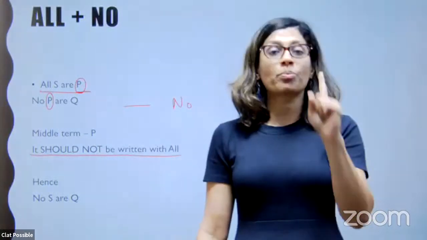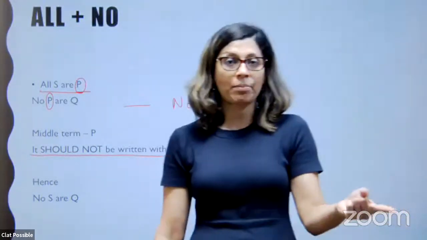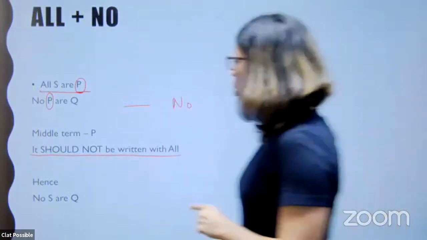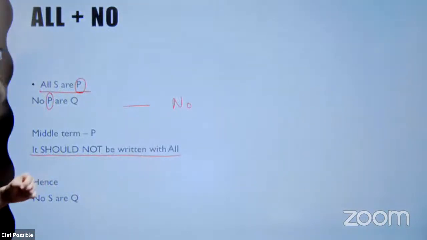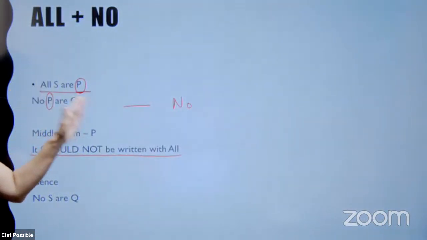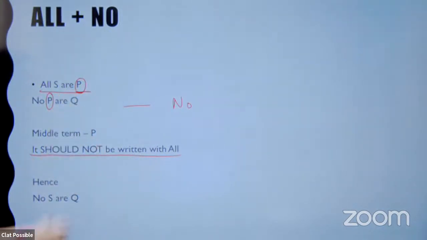In all plus all, it should be the subject in one statement. And in all plus some, there is only one "all" statement. So the middle term has to be the subject. But in all plus no, for a no answer, the middle term should be the predicate of "all". Okay? The middle term has to be the predicate.